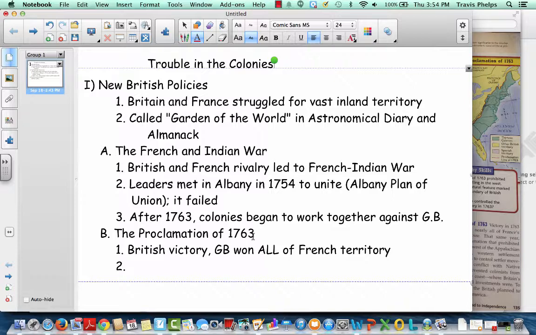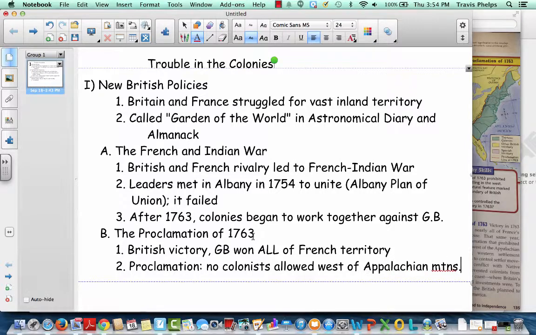And then number 2, there was a proclamation, and I'll put proclamation said no colonists allowed west of Appalachian Mountains. And if you notice, some of these I abbreviate some words like GB for Great Britain. You can see that there. I put MTNS for mountains. These are notes, so you're not expected to write out every single word.